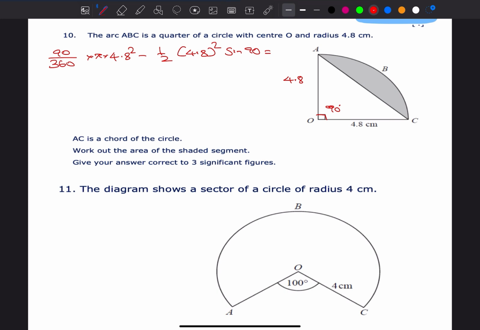You want the answer to 3 significant figures? Let's check. 6.58.